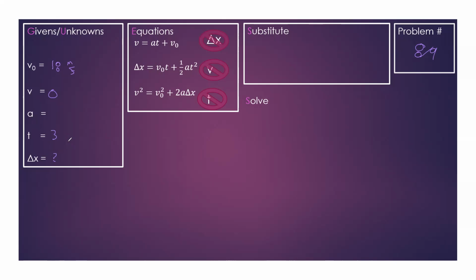I cannot solve problem 8 without first solving problem 9, because notice in this case, acceleration is the variable we do not care about. However, this equation has acceleration, this equation has acceleration, and this equation has acceleration. You must know acceleration and initial velocity to solve for anything else.